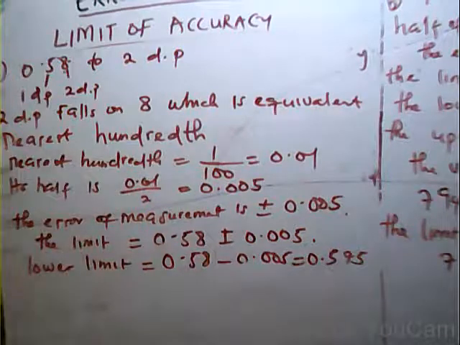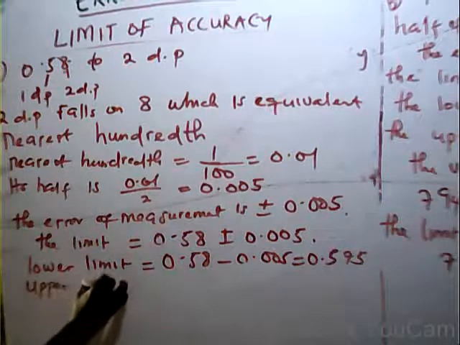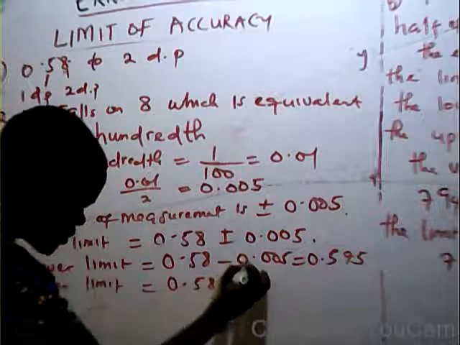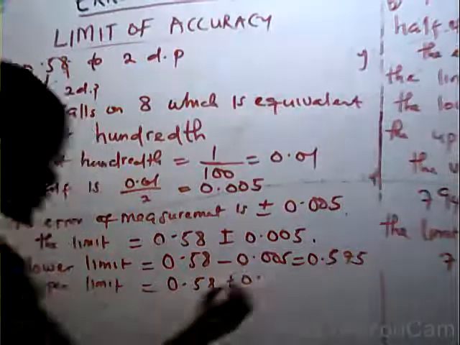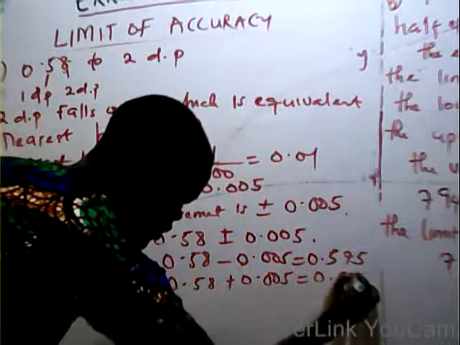And we have the upper limit to be 0.585, I think. So the upper limit should be 0.58 plus 0.005, which is 0.585.